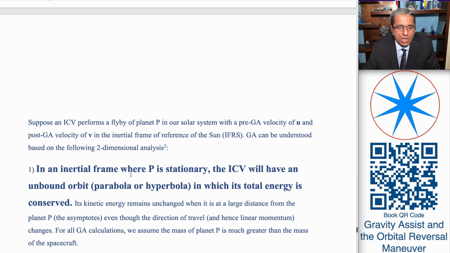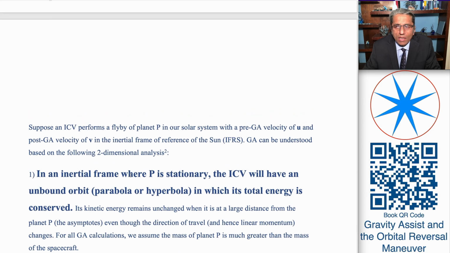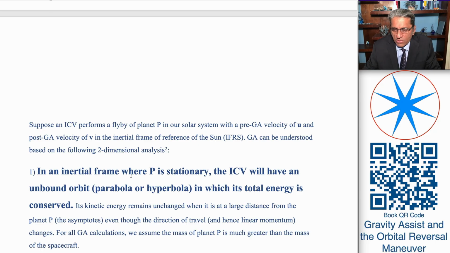Okay, so when I was writing the book, I was trying to calculate how long it would take to get to Alpha Centauri, and one of the things I realized is that gravity assist can actually give a huge boost to the speed of the spacecraft and thus cut down the time taken to reach your destination.